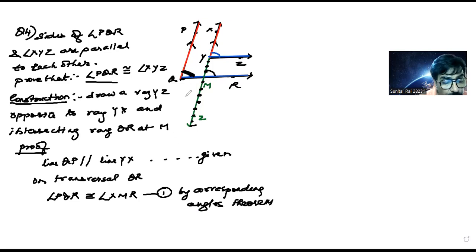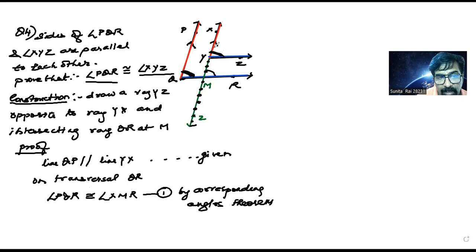Now you can see here, children, I got my angle PQR. Of course, I've not got the answer. I want PQR congruent to XYZ, but I've got PQR congruent to XMR. Now I go chase after XYZ. Look at my angle XYZ. What is XYZ congruent to? It lies on transversal XZ, and YZ and QR are the parallel lines and the transversal.